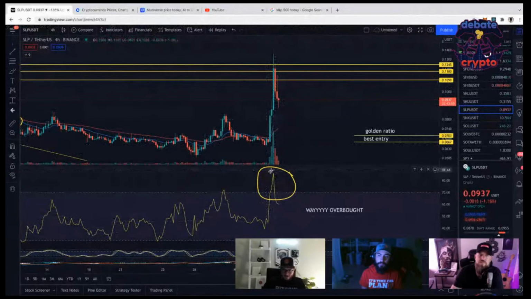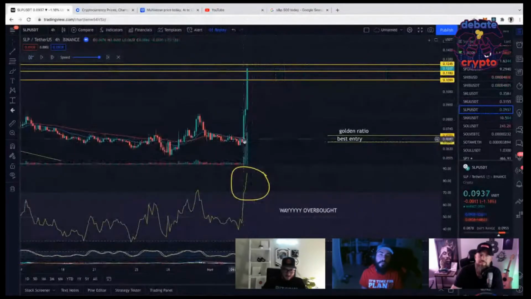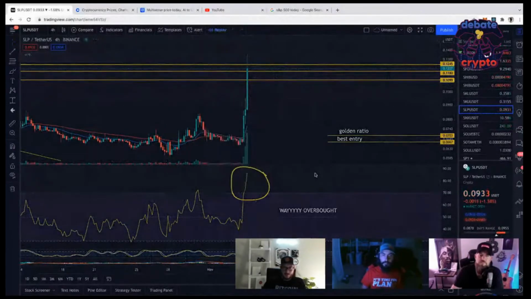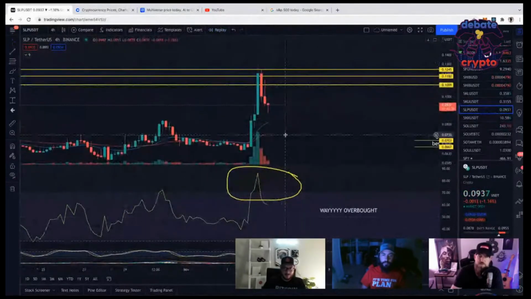And then when you come to the RSI, you see this. When I saw this earlier, I put out this alert. This is what the chart looked like. I'm pointing out to everybody, I said, hey, this is at 86 on the RSI. Way overbought, right? It's going to cool off. And exactly, a perfect example of how this is a decent way to determine when to take profits, because then this came after.